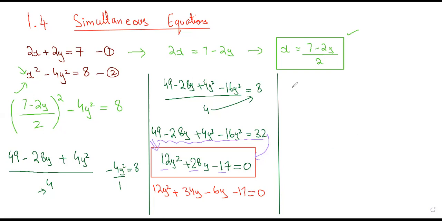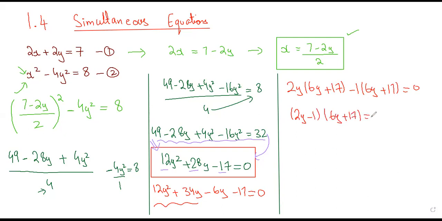Now what can I take common from here? 2y. So it would become 6y plus 17. And then I can take minus 1 common, so it would give me 6y plus 17 equals 0. My two factors would be (2y minus 1) into (6y plus 17) equals 0. So y is equal to 1 by 2 and y is equal to minus 17 by 6.